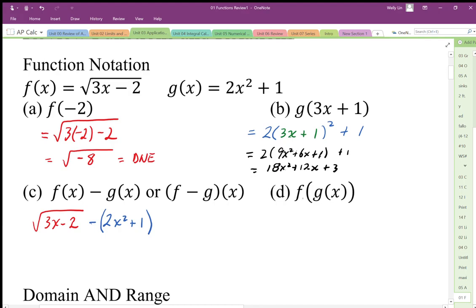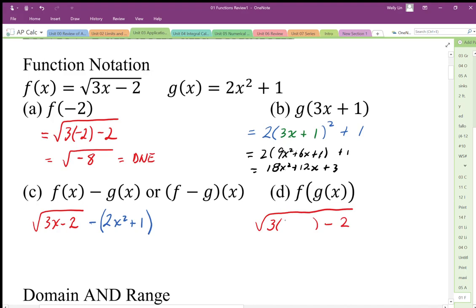The last one here is we can embed a function notation inside another function notation. So what that means then is if we have the outside function is f, that's going to be on the outside. The inside function is g. So then wherever we have the x, we're going to embed our g function. Okay, so the g function is defined as 2x squared plus 1.